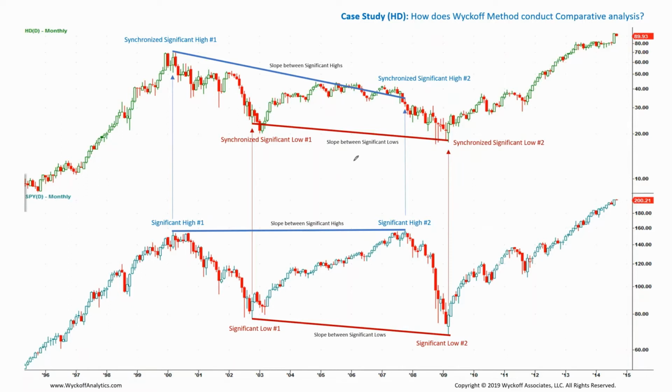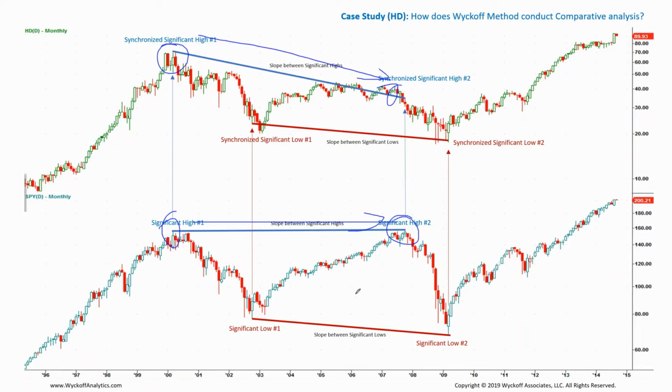the outperformance by the stock against the market, we have to compare significant highs, synchronize them, and then look at the next significant high. And look at the slope for the stock and look for the slope for the market.